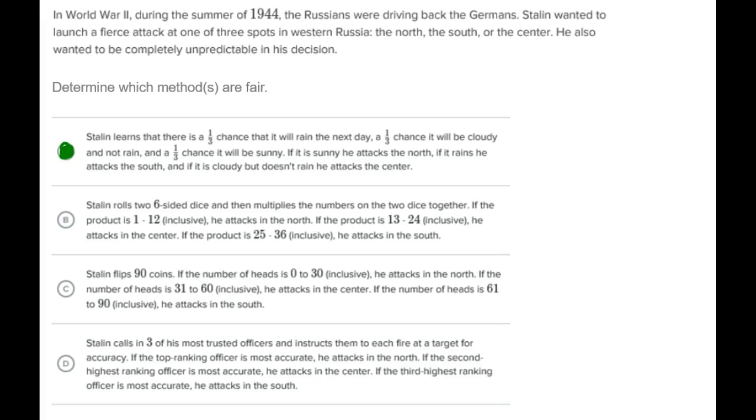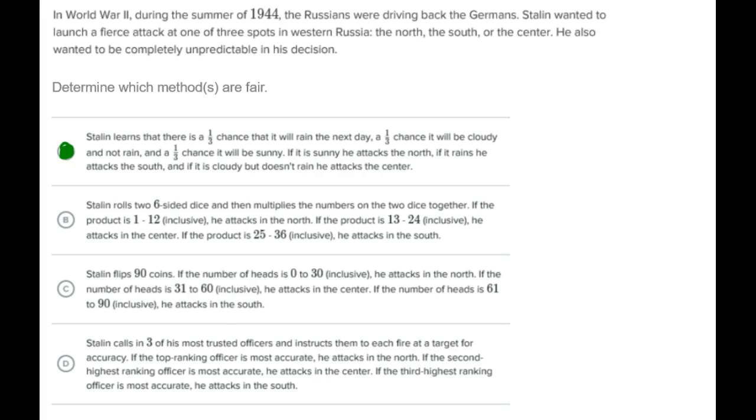Method C: Stalin flips 90 coins. If the number of heads is 0 to 30 inclusive, he attacks the north. If the number of heads is 31 to 60 inclusive, he attacks the center. If the number of heads is 61 to 90 inclusive, he attacks the south. This method is going to turn out to not be fair because if he's flipping a coin, there's a 50-50 shot that it's going to turn out to be heads or tails.